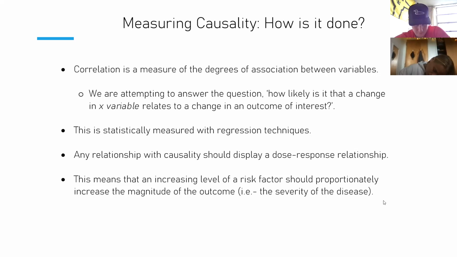So for example, the higher the BMI or the higher the level of obesity within a certain patient population, then the higher the level of the outcome, meaning type 2 diabetes, meaning metabolic disease, those types of things. So those are factors that we look at when attempting to establish a relationship based on causality.